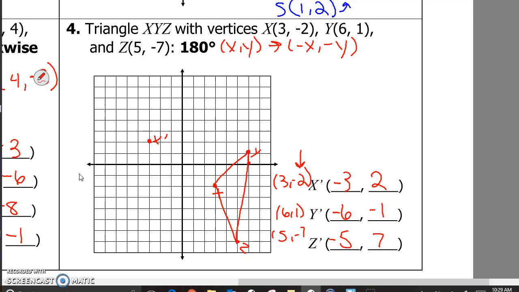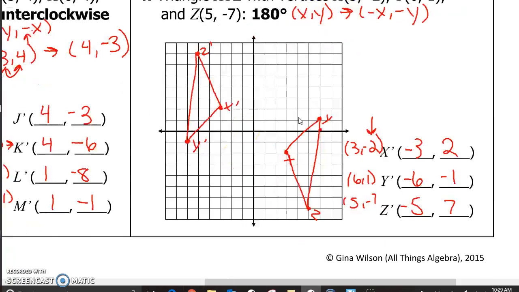Y, we've got negative 6, negative 1. And Z, we've got negative 5, positive 7. 180 degrees. All right. Moving on to the next page, number 5.